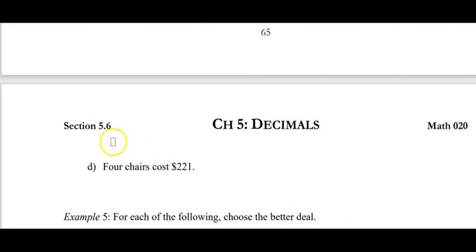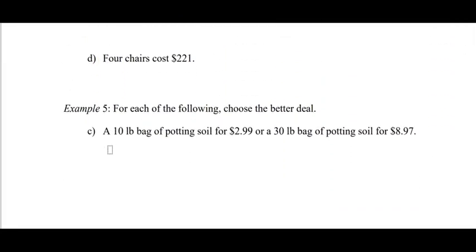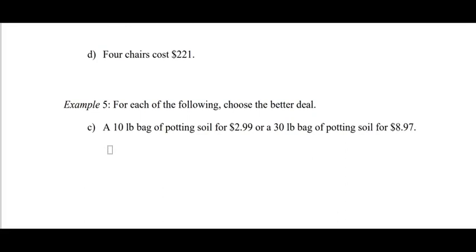Okay, so part D is a problem that's looking for the unit price. So 4 chairs cost 221. So we have 221 for 4 chairs. All right. So on the unit price, put the total up on top, so when you divide, you will divide it per chair.